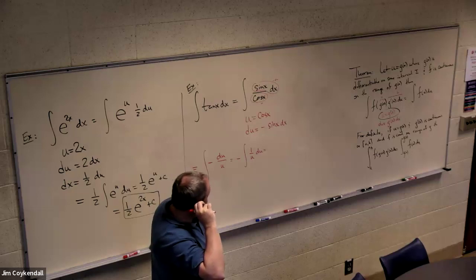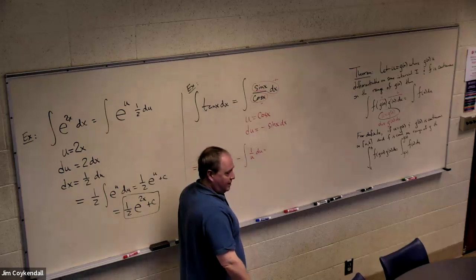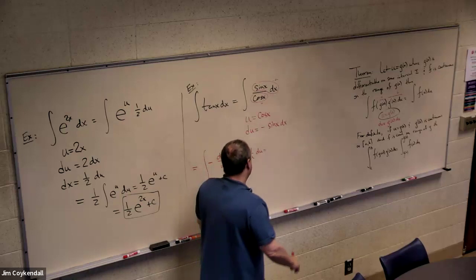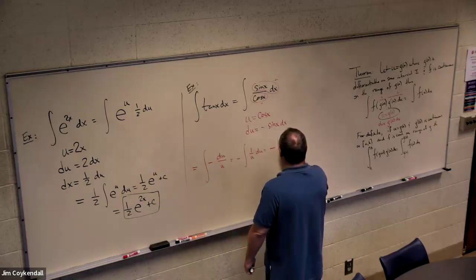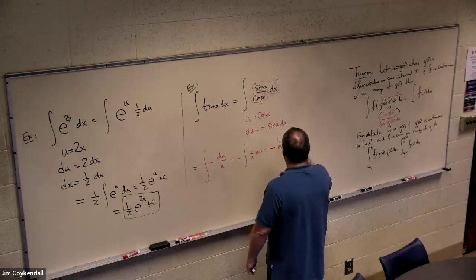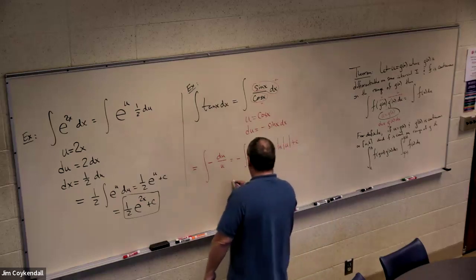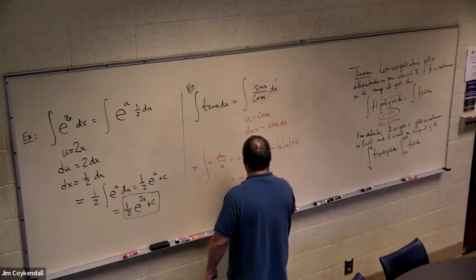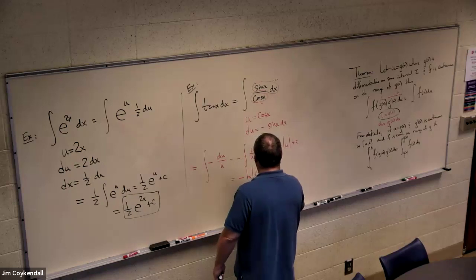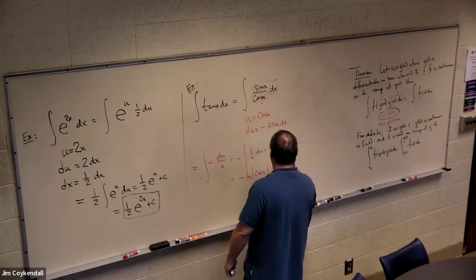Something whose derivative is 1 over u. There you go. Minus natural log absolute value u plus C. So I get minus natural log absolute value cosine x.